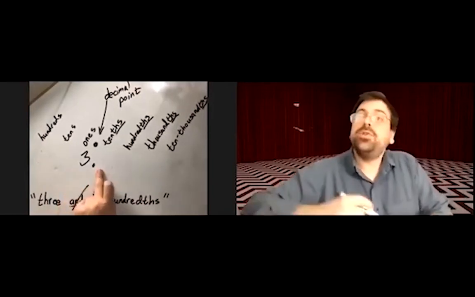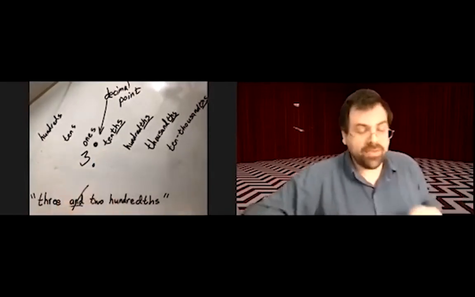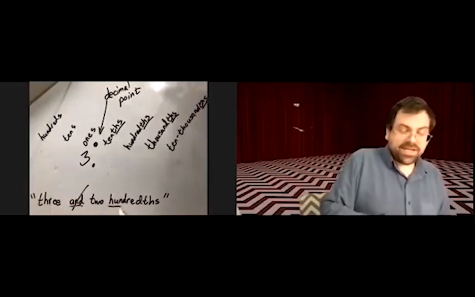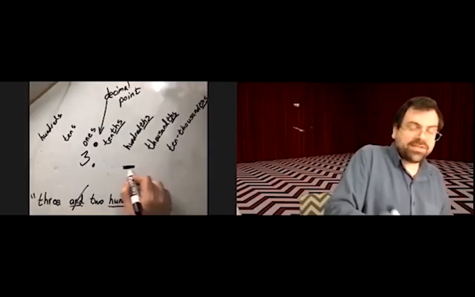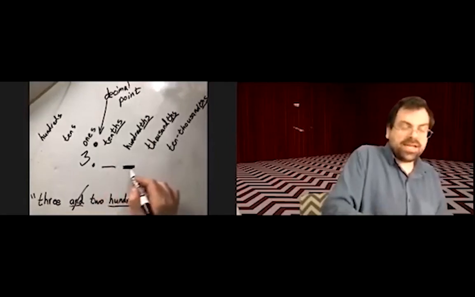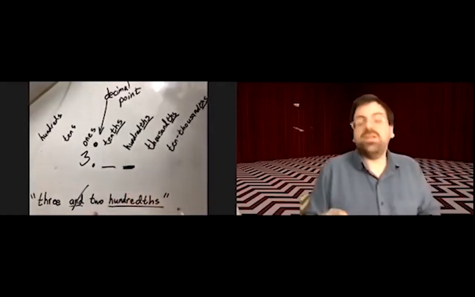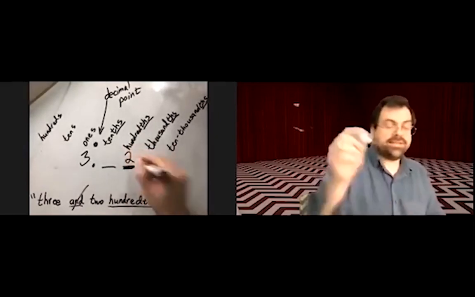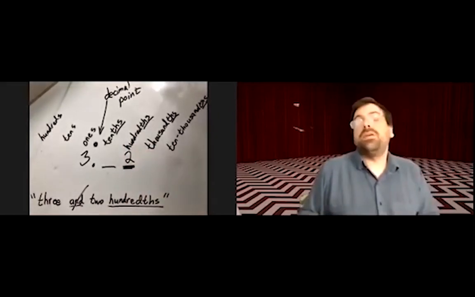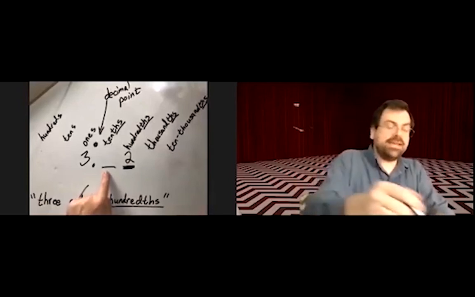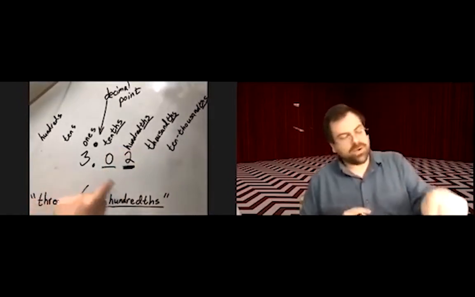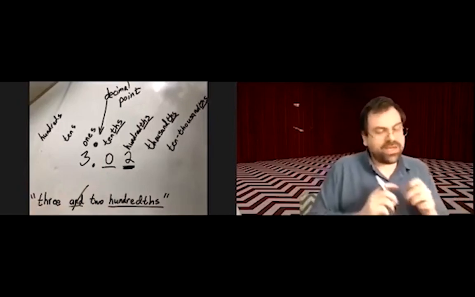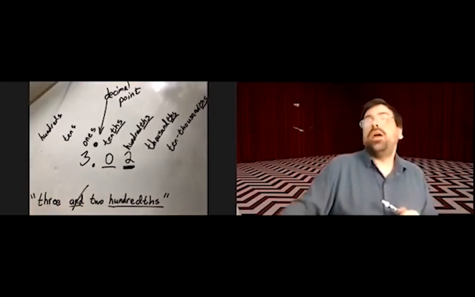We can't just write 2 because that would be 2 tenths. So we have to identify hundredths. It's the second one. And we have to make sure the number 2 ends there. So what do we fill in to keep the space? A 0. 3.02, 3 and 2/100ths.